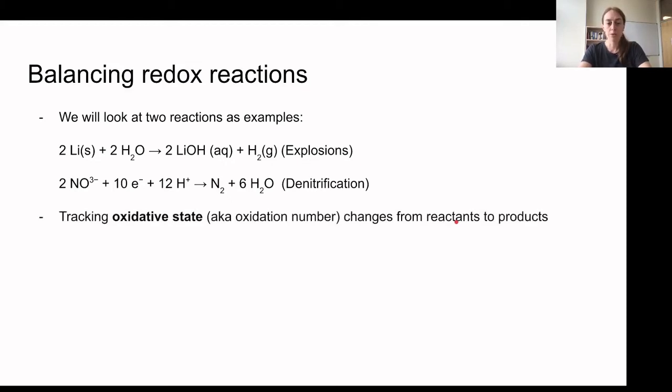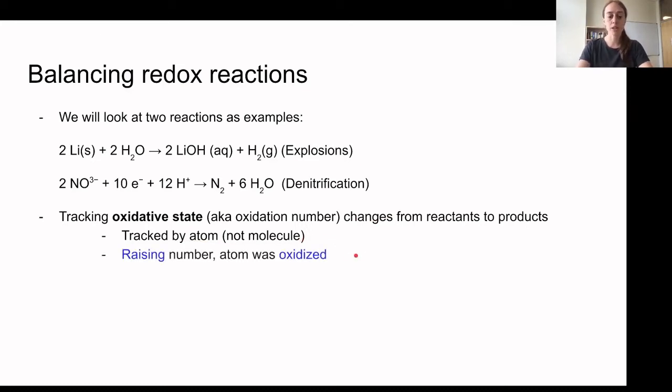In order to balance redox reactions, we have to track the oxidation state, or the oxidation number, and how that changes from reactants to products. It's tracked by the individual atom, not the molecule as a whole, and this will make more sense as we go through it.